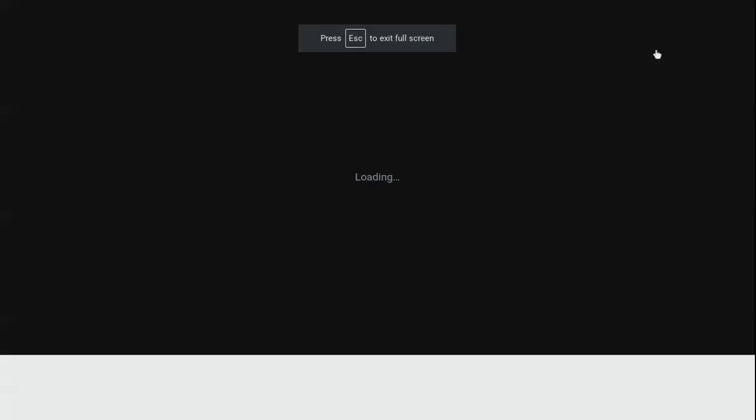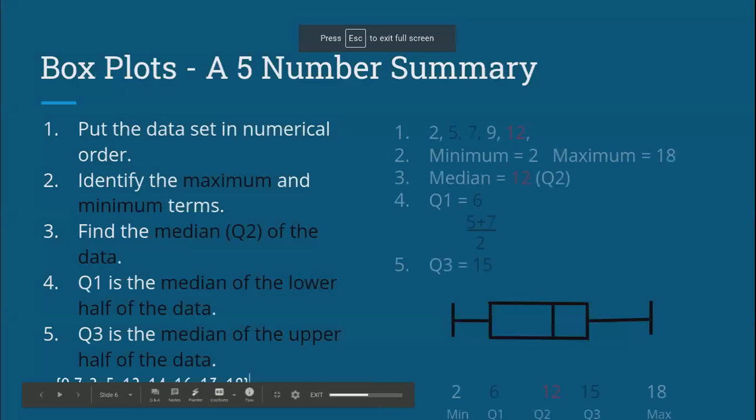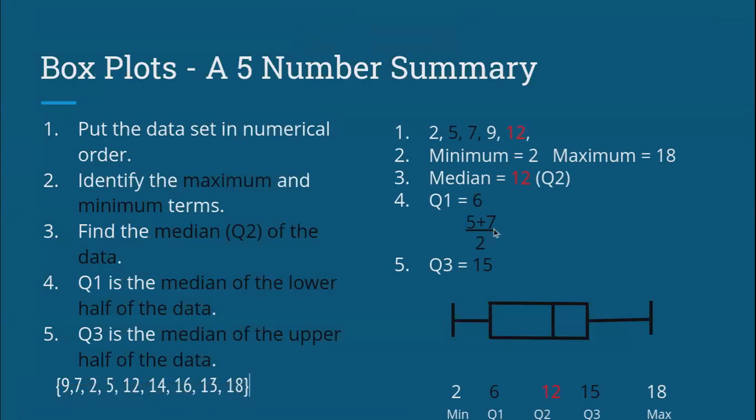So 5 plus 7 is 12, excuse me. And 12 divided by 2 is 6.